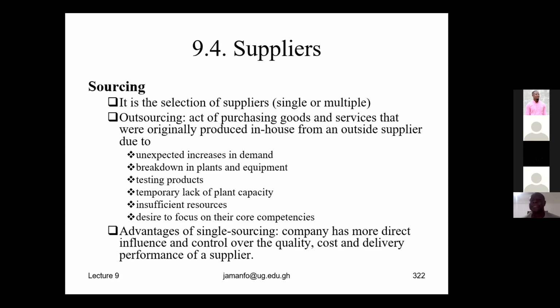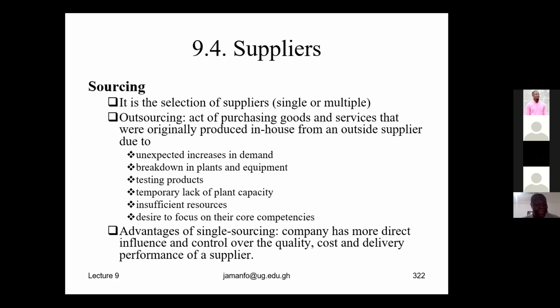Single sourcing. If you have split your supply of love needs into, I know some people can go to the extent of 3 and 4, but most people will go for 2, then you are doing multiple sourcing.